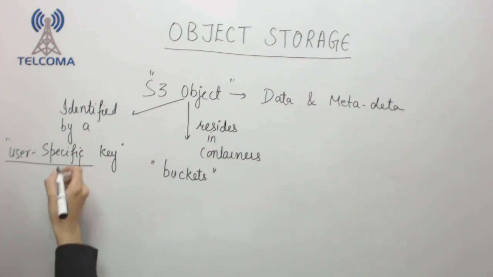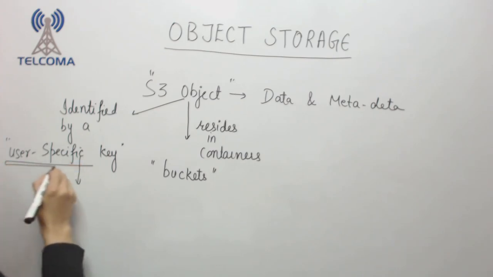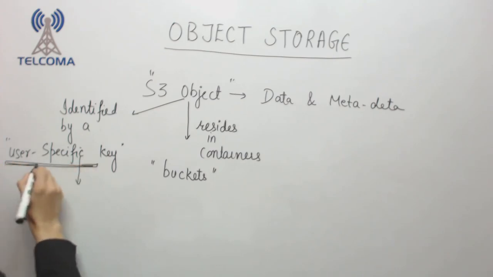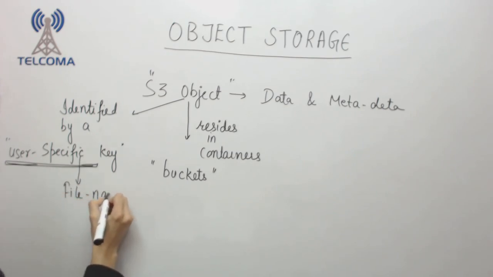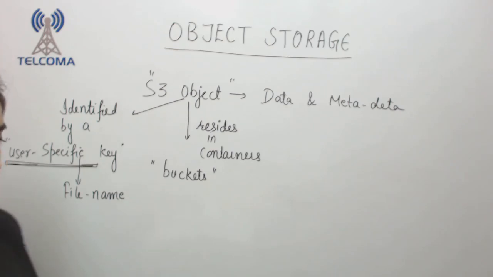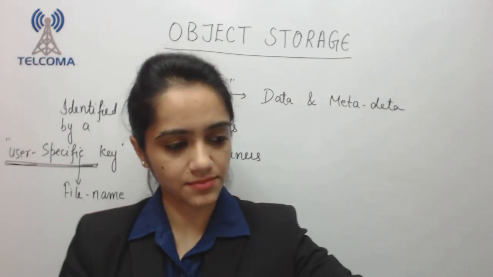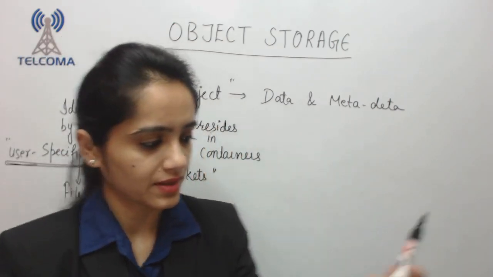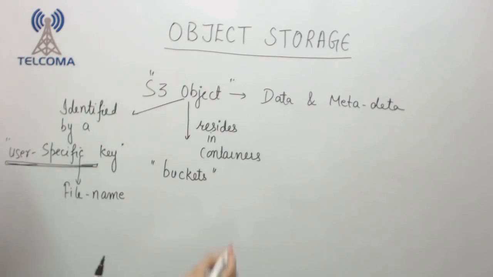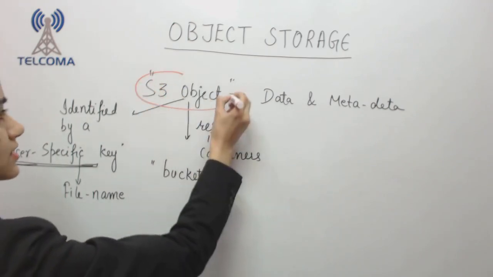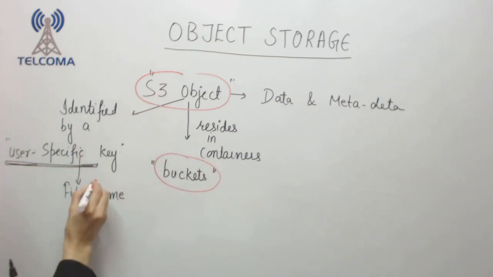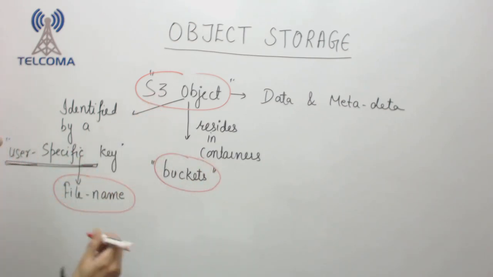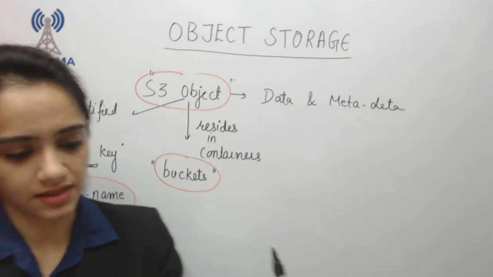So we call it a user specific key, the file name. So we have some important terms here. We have object storage, the S3 object. It resides in buckets. And the user identified key is its file name.